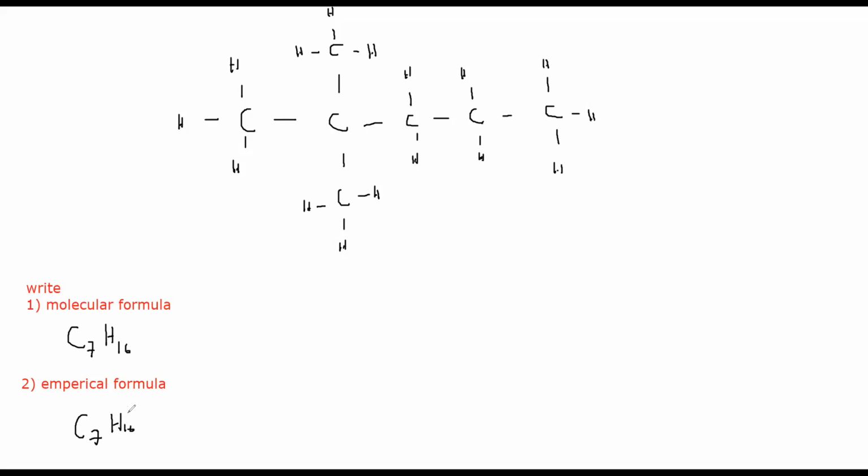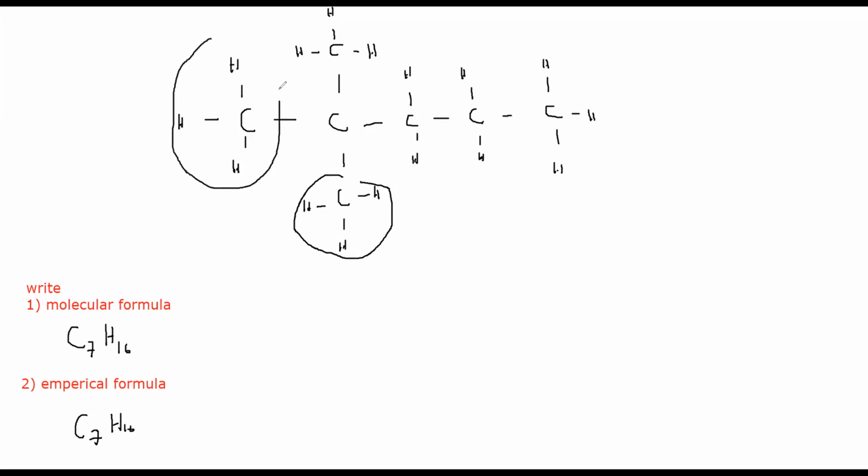Now we have to write the structural formula. So how to show the structural formula of the compound? Look, the structural formula shows minimal detail. Like there is CH3, making them into groups to show the structural formula.